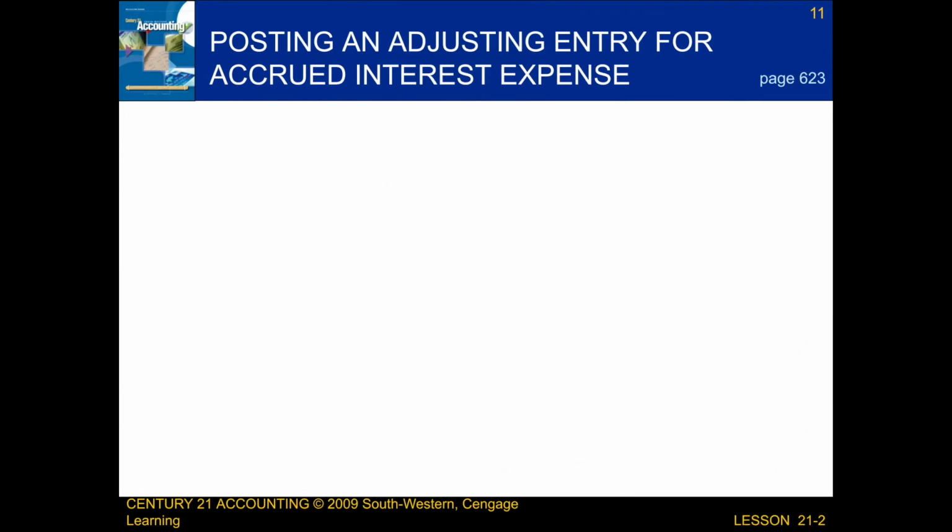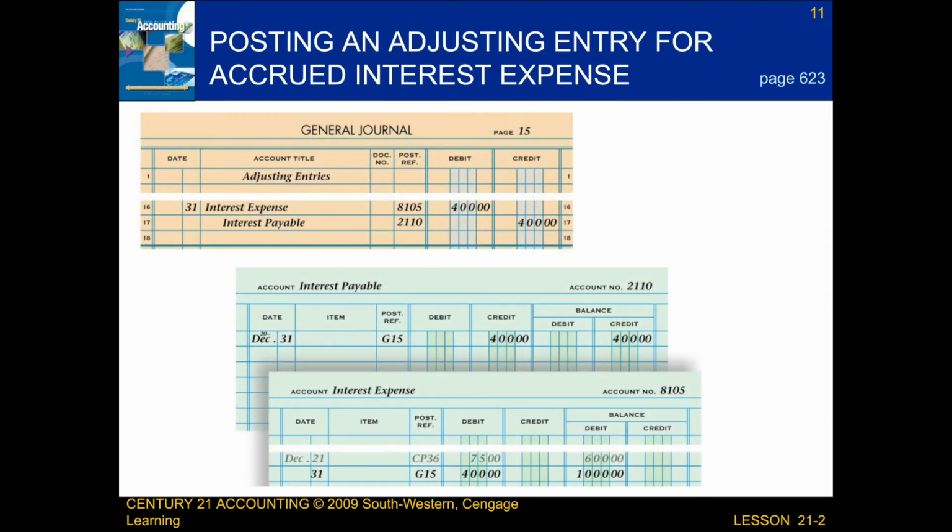Okay, next we're going to be talking about posting an adjusting entry for accrued interest expense. So when we post an adjusting entry for accrued interest expense, there are a couple of steps that we have to follow in order to complete this process.